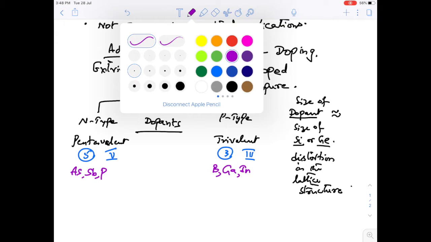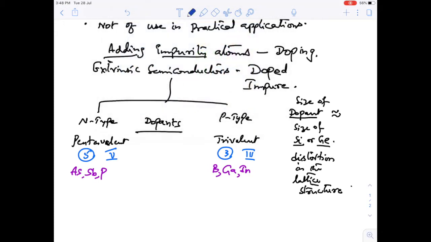Then, what are the characteristics? In N-type, they donate 1 electron, and in P-type they will accept an electron.